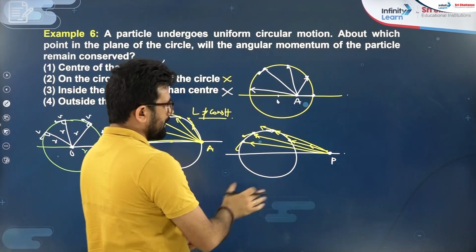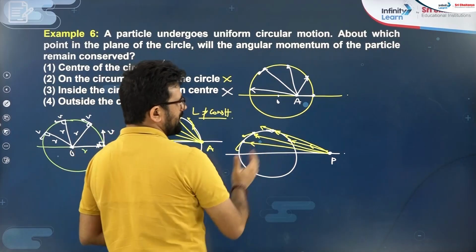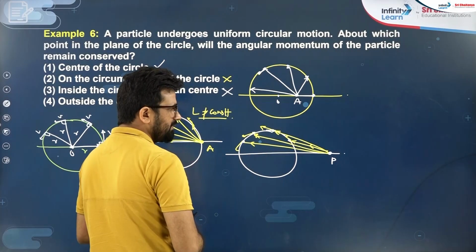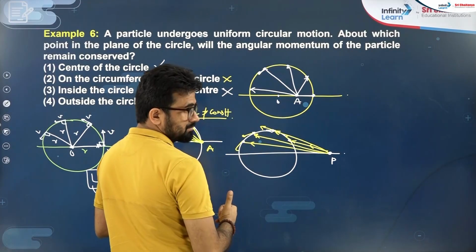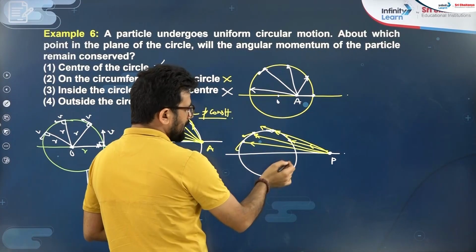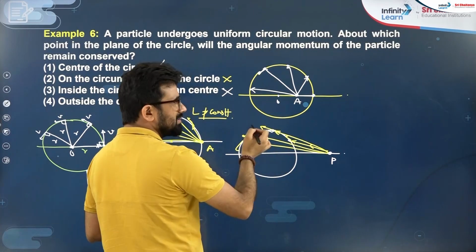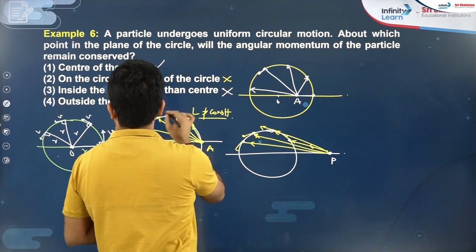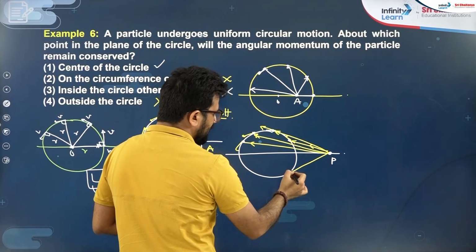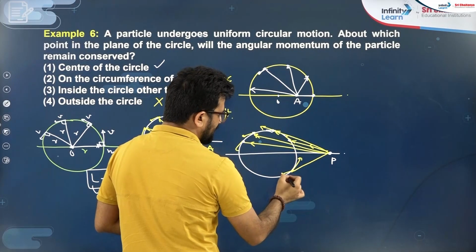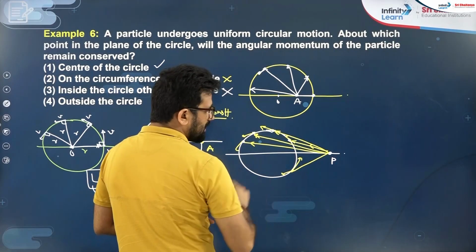In this case, if you see r cross v, you will find that it is outward, out of the plane, if you are understanding. But again the r is continuously changing, v is constant. So again this is also not a possible answer. But if you see the downward side, the velocity is here, r vector is here. So what is the r cross v?